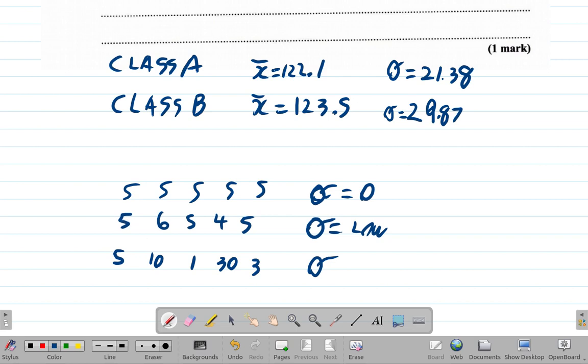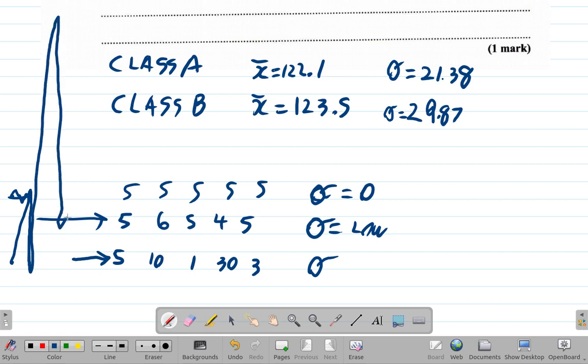Remember, the standard deviation for this part means you're swinging from 5 up to 6, back to 5, then you swing down to 4, back up to 5. There's not much in terms of swing. But with this one now, you swing from 5 all the way up to 10, then way down to 1, then all the way to 30, then down to 3.